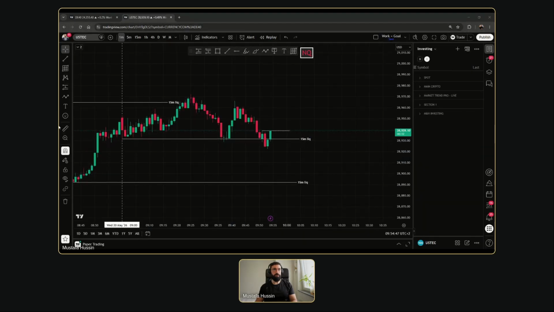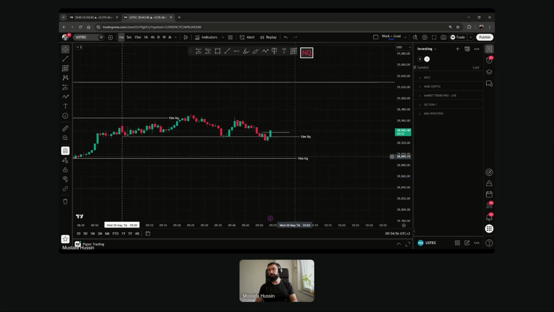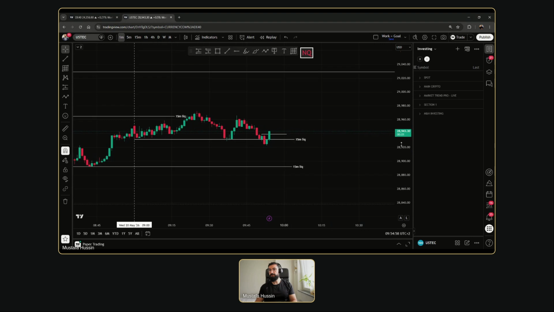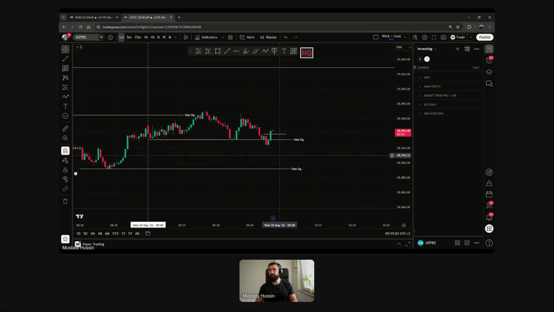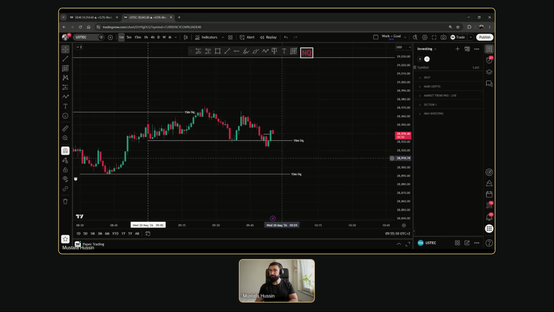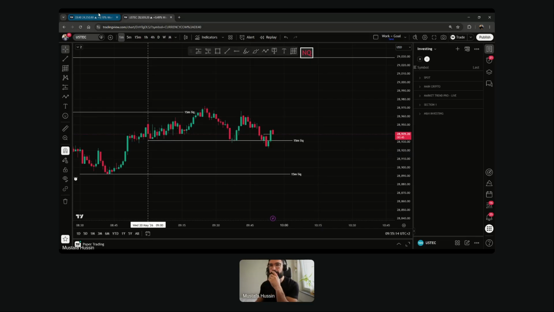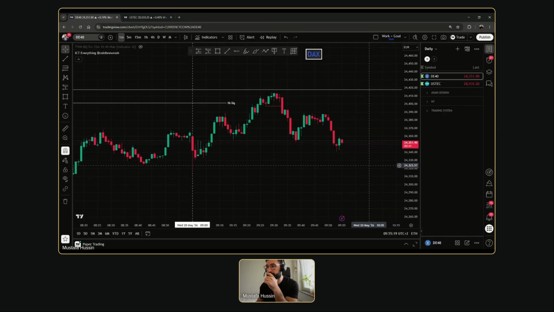Right, I'm waiting for a break of structure to happen on the Nasdaq, break of structure. Waiting for this candle to close. I'm being very patient with it.